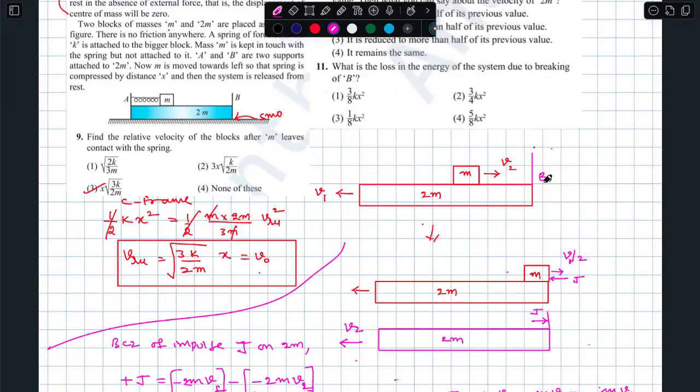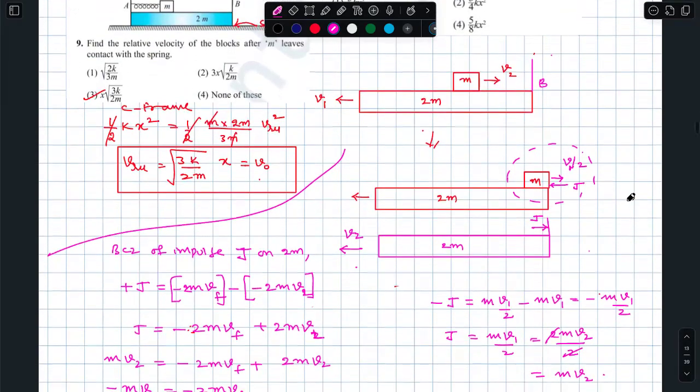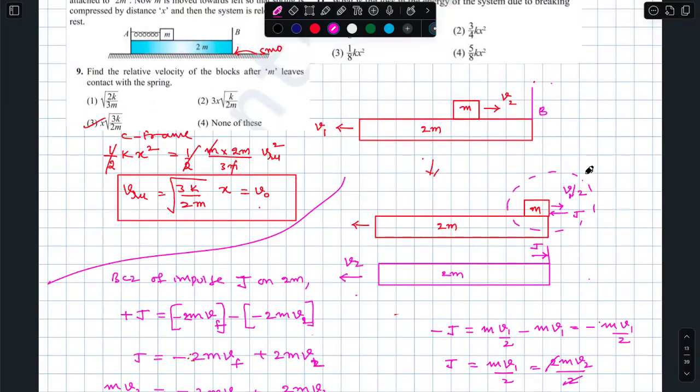As a result, the speed is reduced to half. After impulse. Before impulse. Agreed?